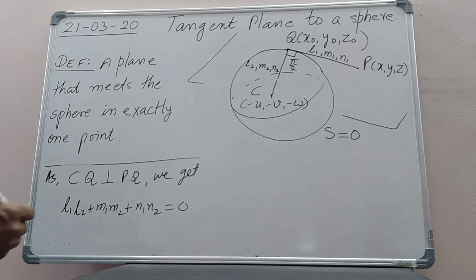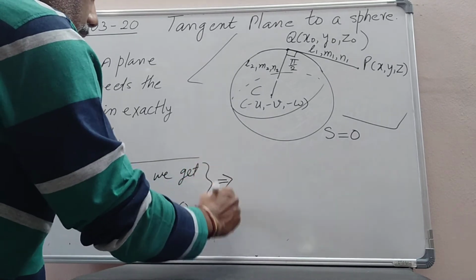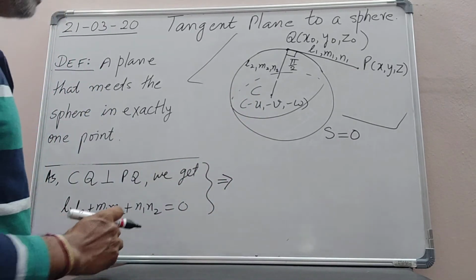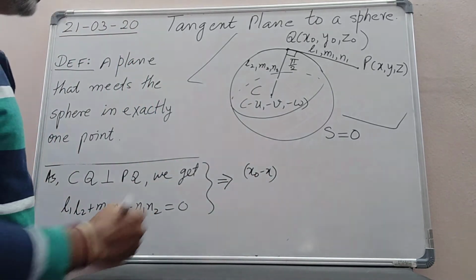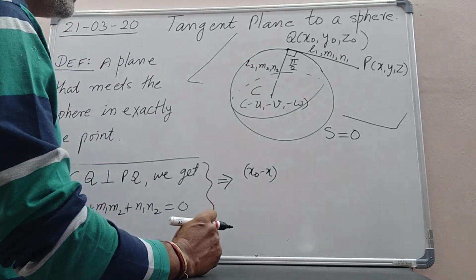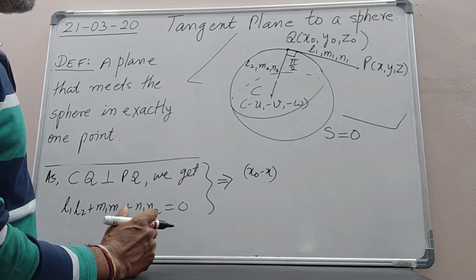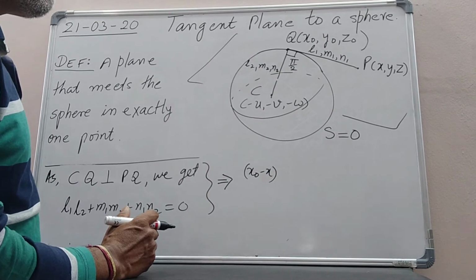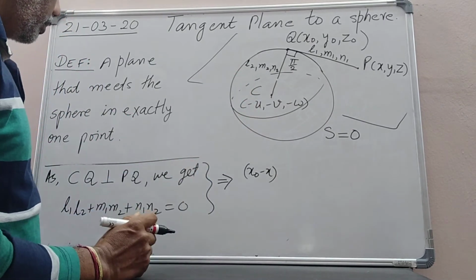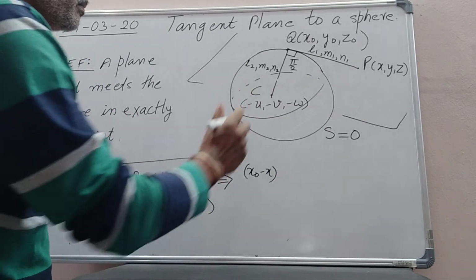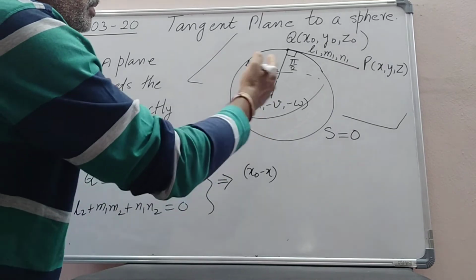And this implies that, I take L1 as x naught minus x, and L2 as minus u minus x naught. This sign is not going to be important.